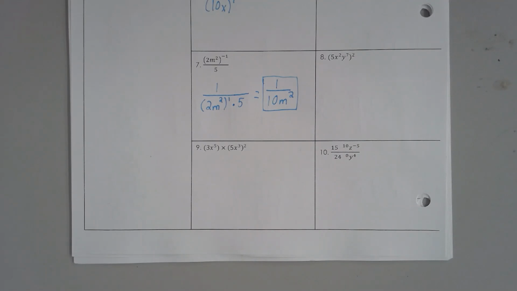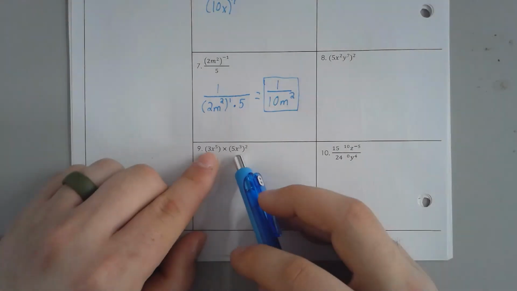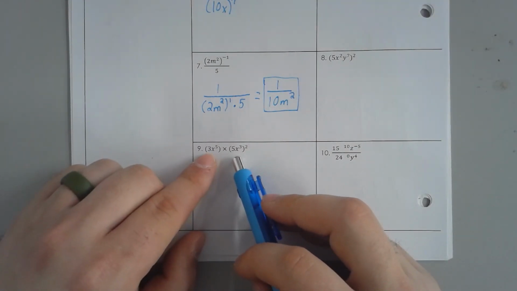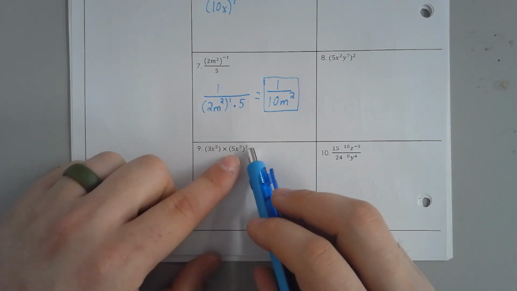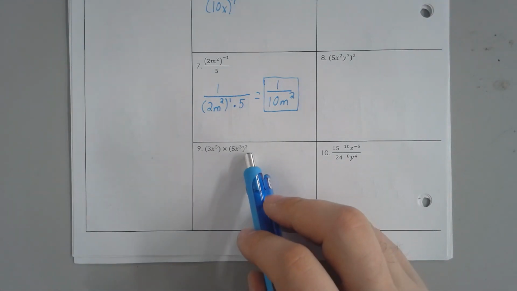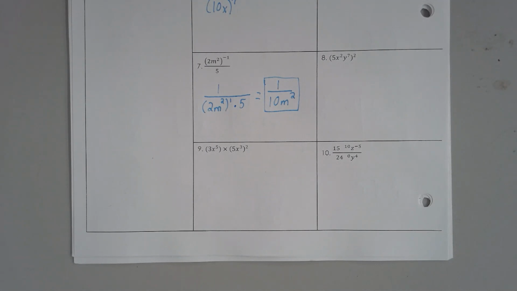Right. So on this one right here, there's a couple different things we've got going on. We're multiplying these two things, the 3x to the 5th and the 5x cubed. But we've also got an exponent out here. So which one do we do first? According to Aunt Sally, parentheses, and then exponents.